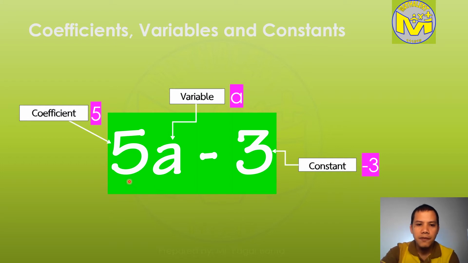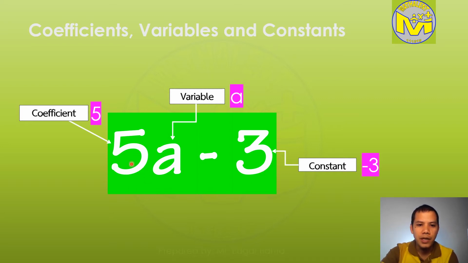Before I told you that 5 is also a constant. Yes, it is a constant in this term. We call it a coefficient because it is together with a variable. When a constant is together with a variable, it is called a coefficient. If it doesn't have a variable, it is called a constant.